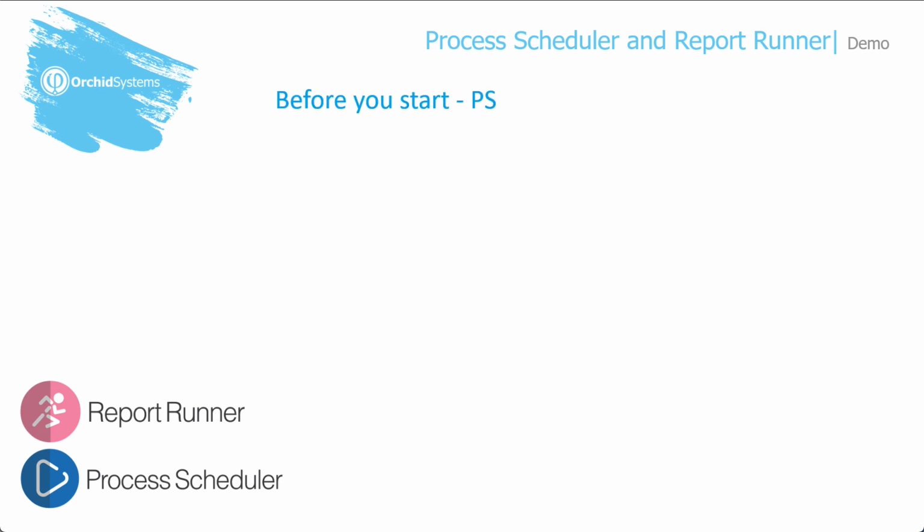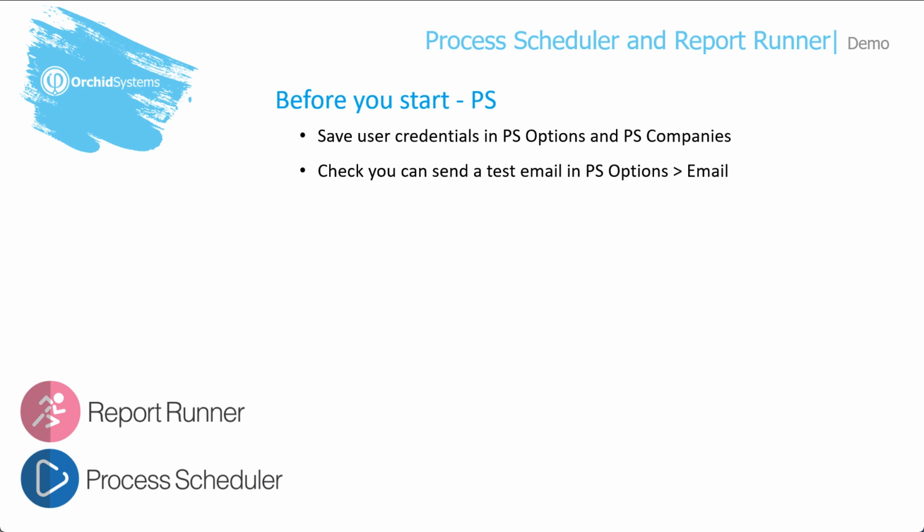Before you start, for Process Scheduler, you have to resave the user credentials in Process Scheduler options and in Process Scheduler companies. We also often send emails for Process Scheduler, so you want to check that you can send a test email and put in your email credentials.